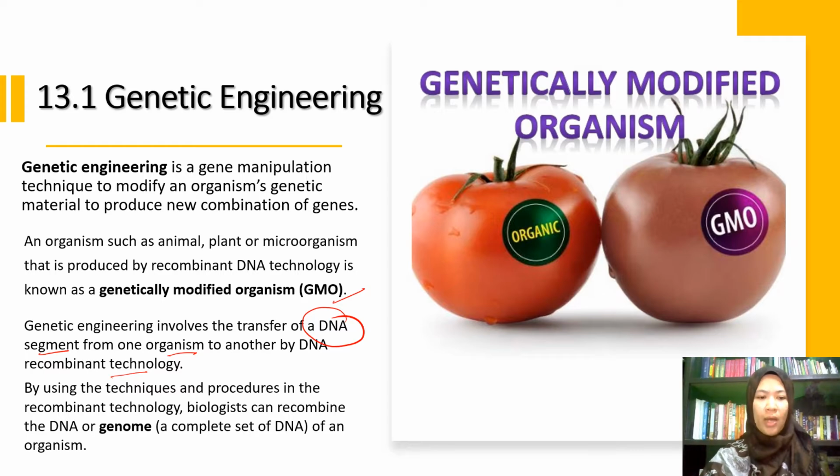By using the techniques and procedures in recombinant technology, biologists can recombine DNA or genome, a complete set of DNA for an organism. One example is organic tomato and GMO tomato.